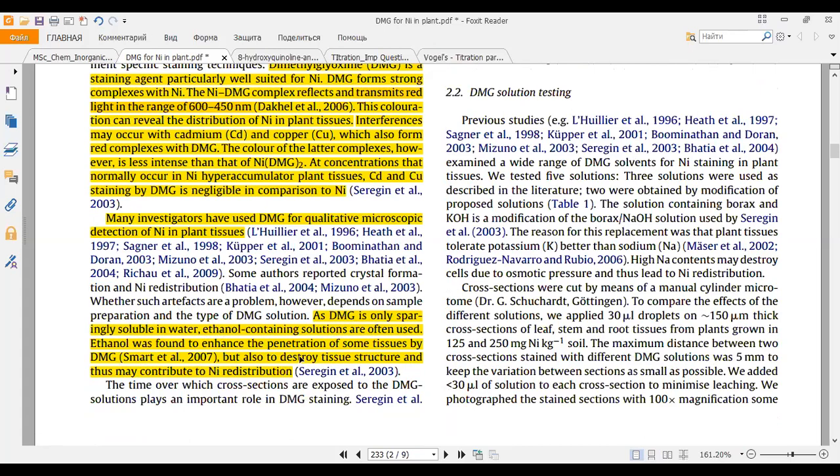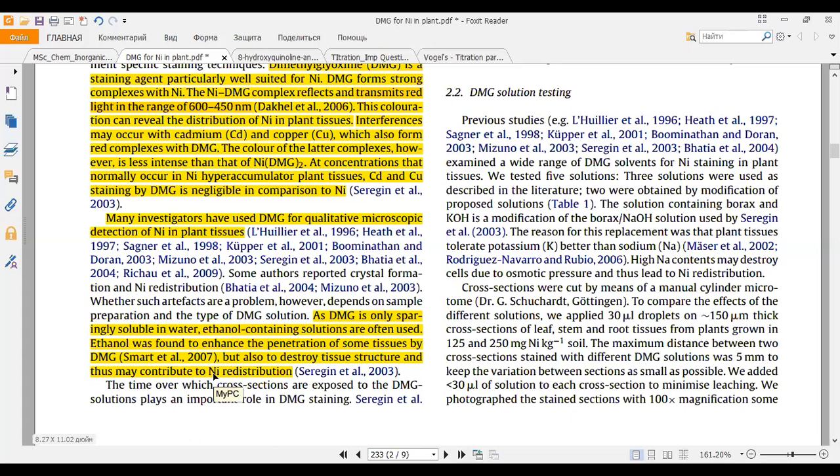So what they are saying is, ethanol has good properties. However, it also has some bad properties because it can destroy the tissue and it might help nickel to travel from one part of the plant to another part of the plant, and it will give false information during chemical analysis.